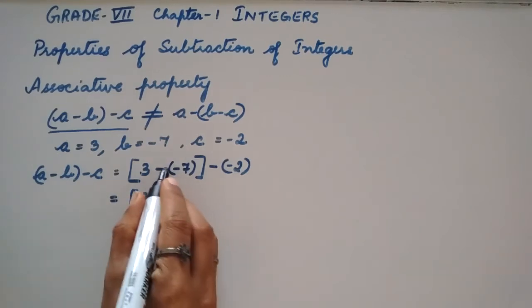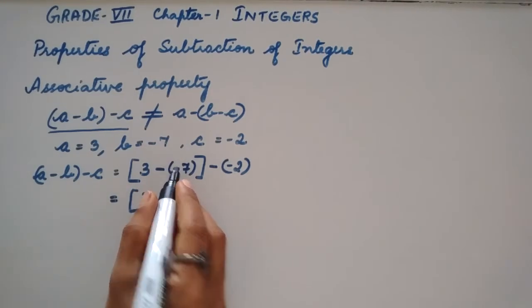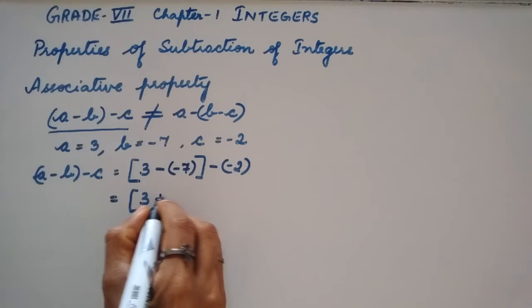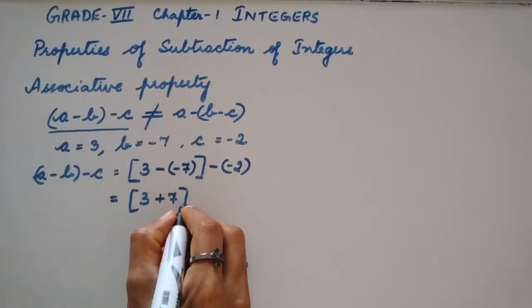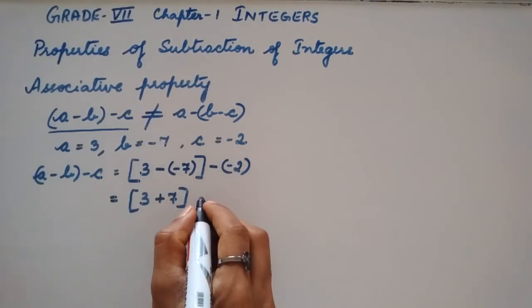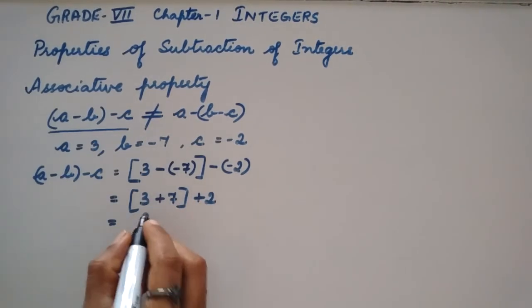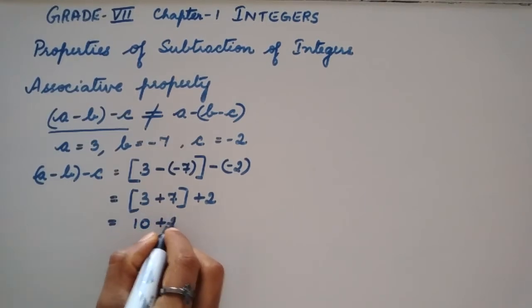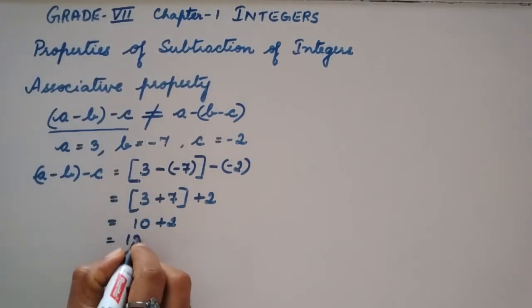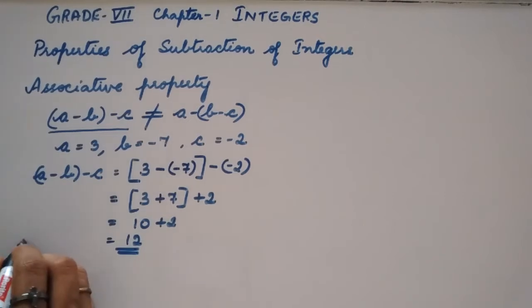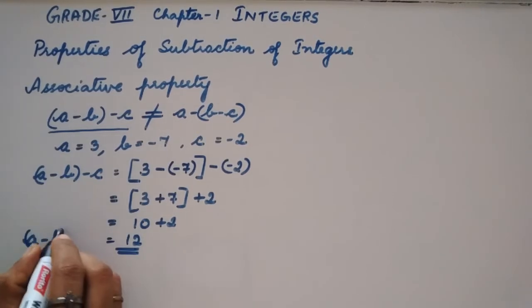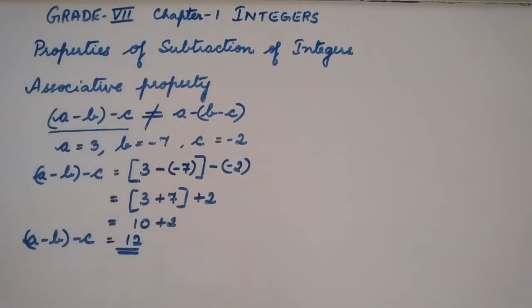We get 3 minus of minus 7 becomes plus 7. Minus of minus 2 is plus 2. So 3 plus 7 is 10, plus 2 is equal to 12. So we got (a minus b) minus c as 12.